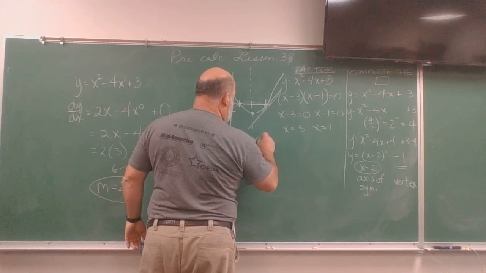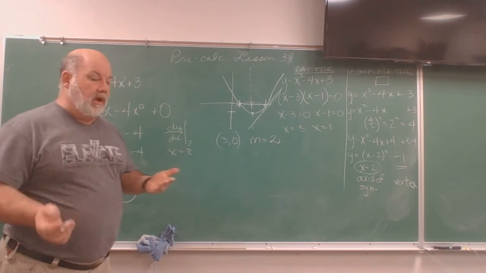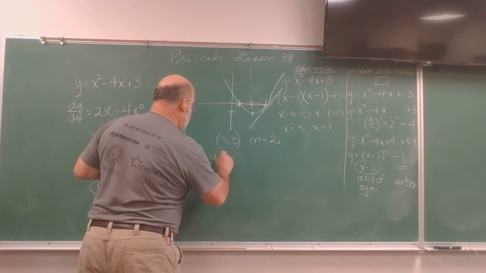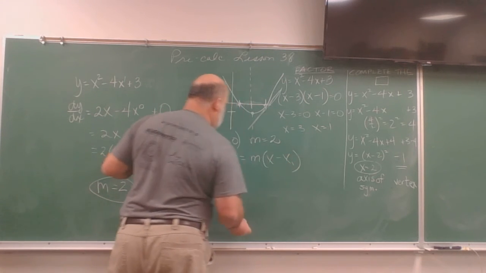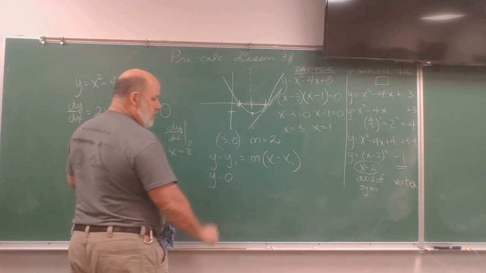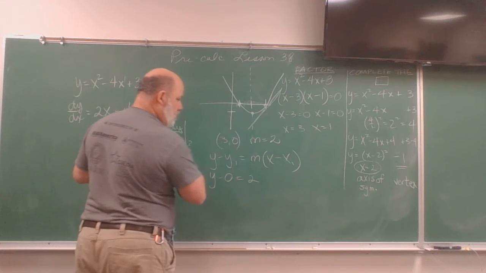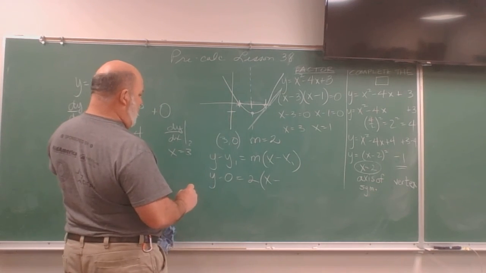My slope is 2. We're going to put it into that equation that I always tell you, the point-slope method. y minus the y they give us equals slope times x minus the x they give us. So, in this case, y minus 0 equals 2 times x minus, and what is x? It's 3.